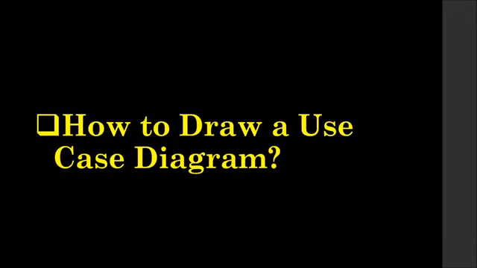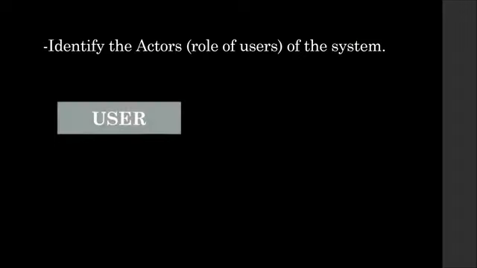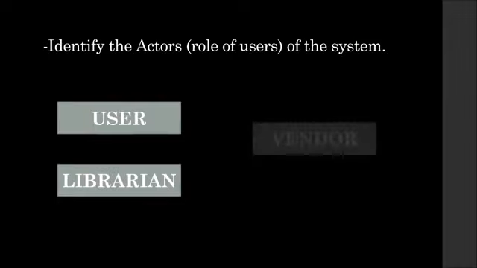In order for me to demonstrate how to draw a use case diagram, I'm going to use the library management system. Okay, now first, we're going to identify the actors or the roles of users in the system. In this case, we have 4 actors: the user, the librarian, the vendors, and the book database.